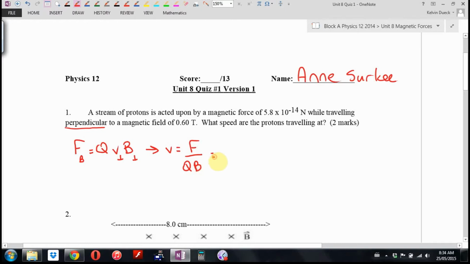Did they give me the magnetic force? I see newtons, 5.8 times 10 to the negative 14th. Did they give me the charge? It's a proton, 1.6 times 10 to the negative 19. Magnetic field in Teslas is 0.6.